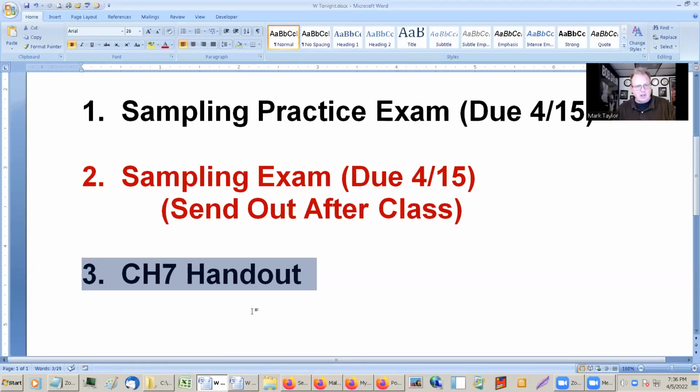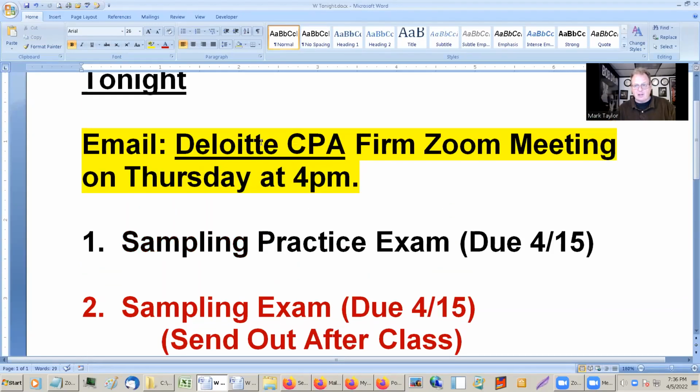So again, the Deloitte CPA firm Zoom meeting is on Thursday at 4 p.m. I sent out an email with the link to it. Getting in with Deloitte is one of the best things you could possibly do for your career. They're a Big Four accounting firm.